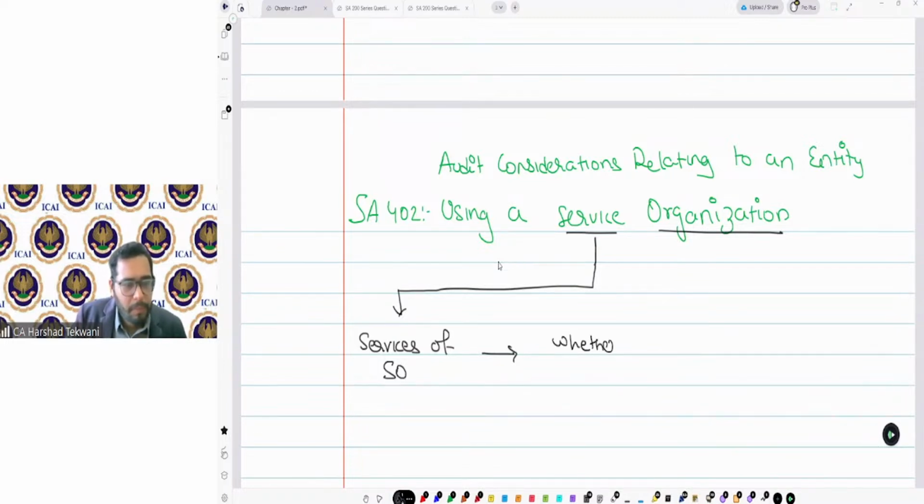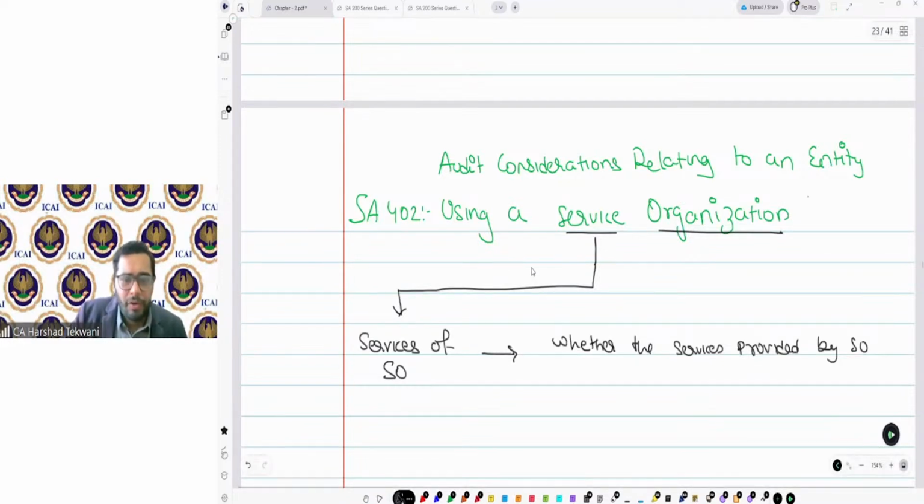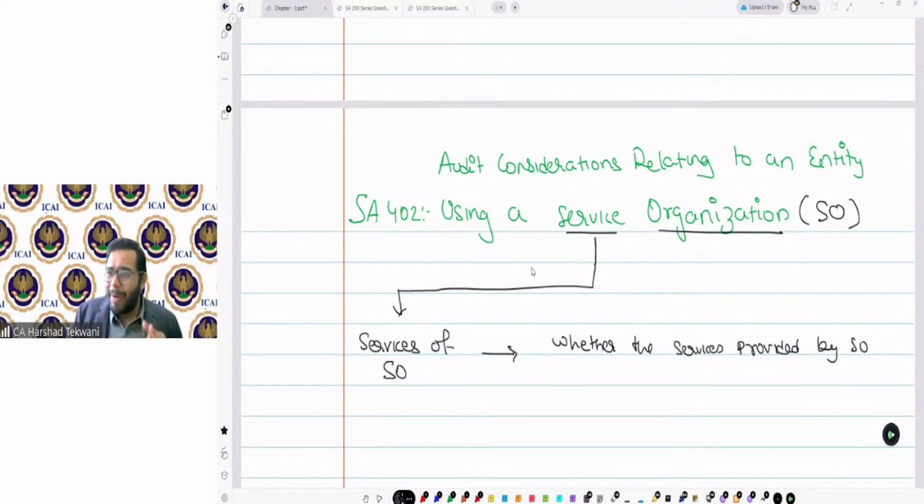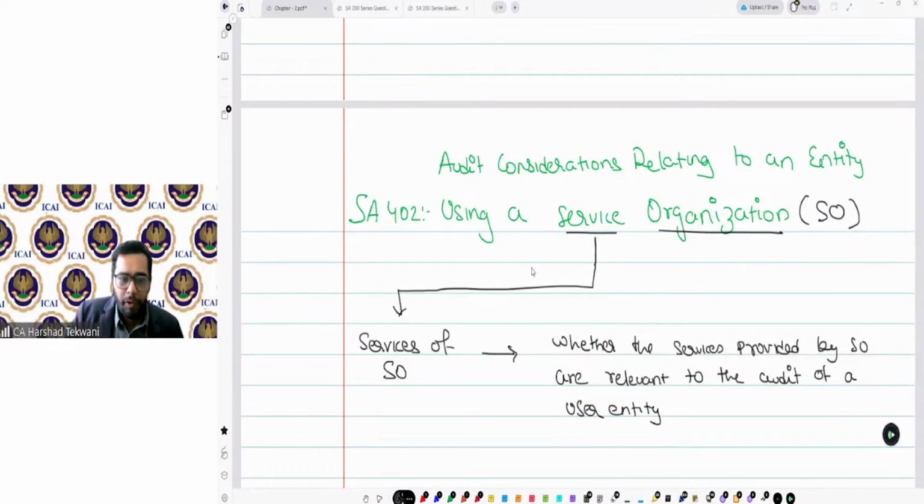whether the services provided by the service organization, I will use SO for service organization, are relevant to the audit of a user entity, the user entity's financial statement.